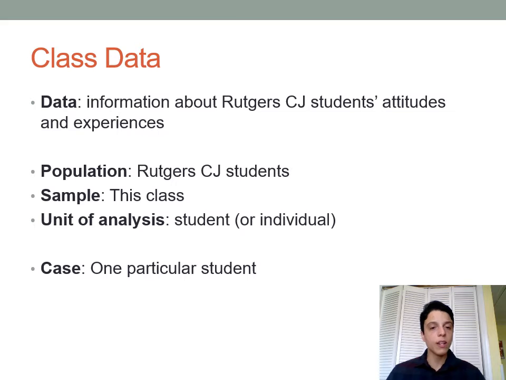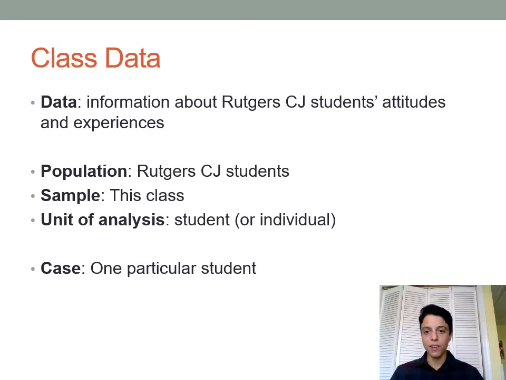All right, so moving down to our definitions, one more time. A case then would be one particular student. So a case, if you remember, is one member of a sample or population. So in our sample, we have the 50-ish students in this class, and each student would then represent a case.